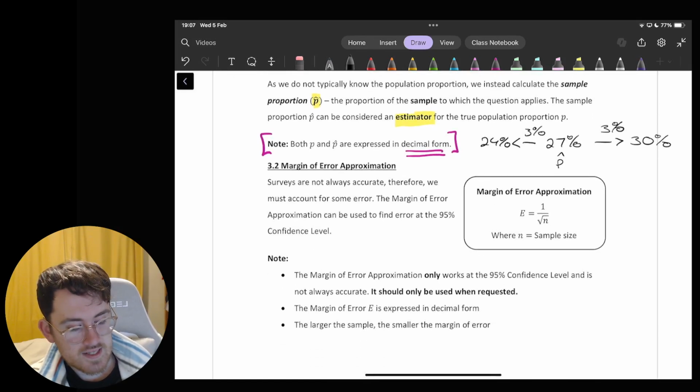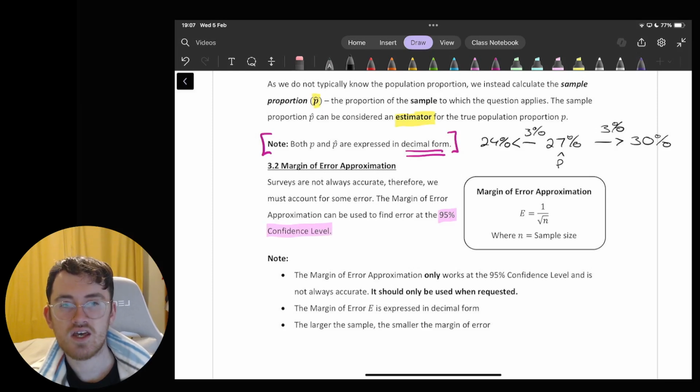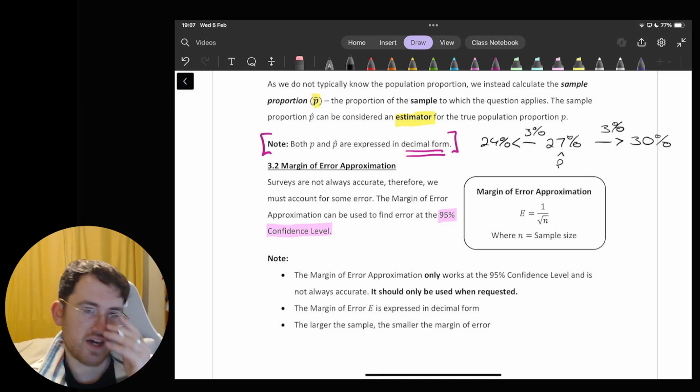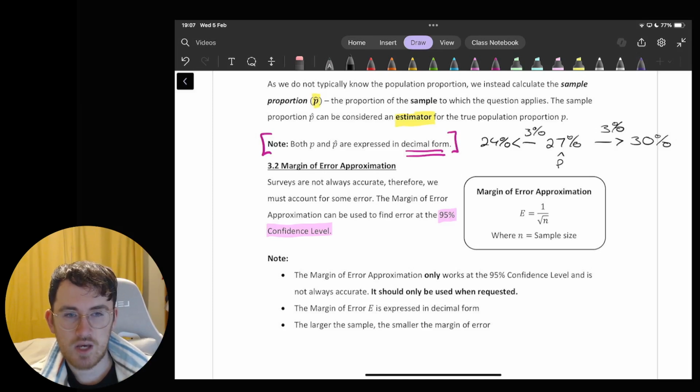It works at the 95% confidence level. What that means is we are 95% confident that the true value will be within this margin of error of the sample proportion. So in the example above, we might be 95% sure that the actual population proportion is within that range of 24 to 30 if 3% was my margin of error.